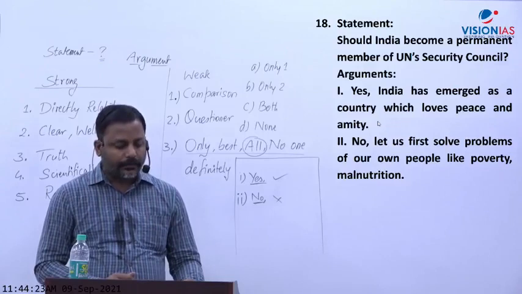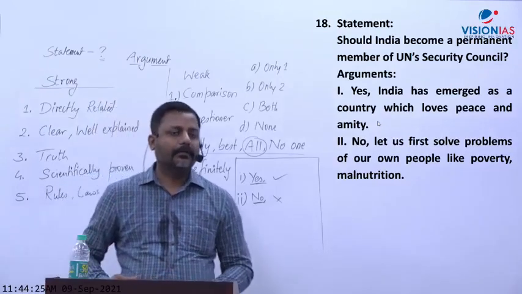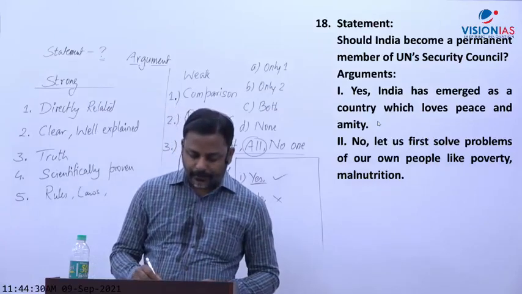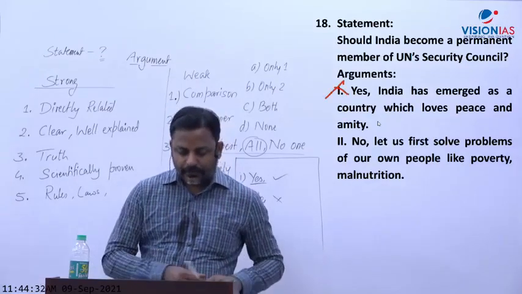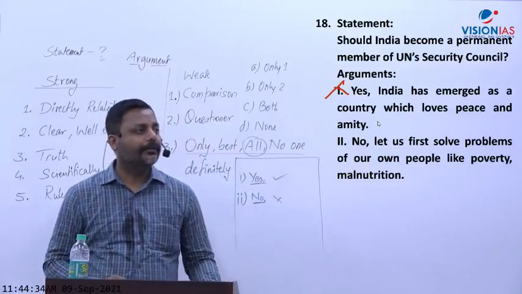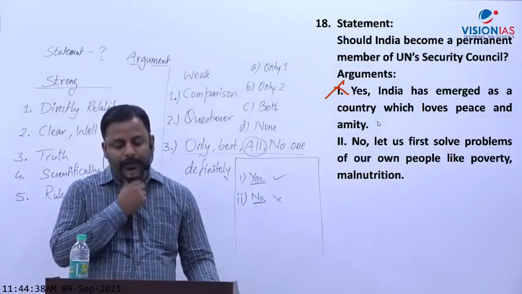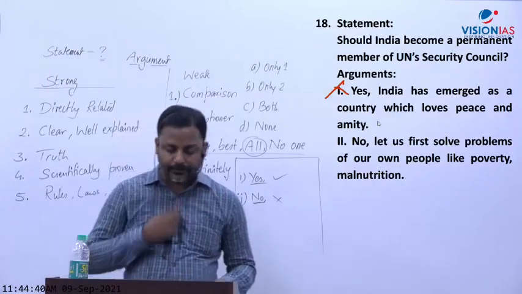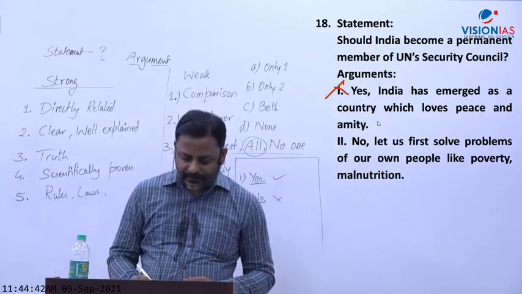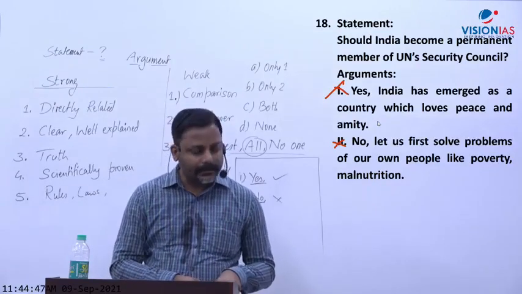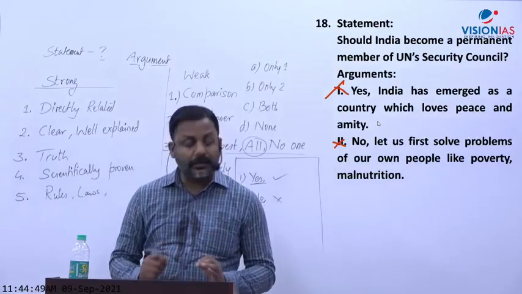So, if India loves peace and amity, with the help of these two things, I don't think India will become a permanent member of UN Security Council. And second is again irrelevant. So here the answer should be neither one nor two.